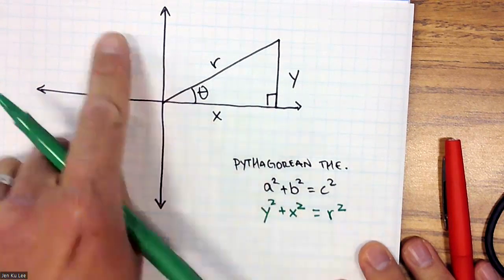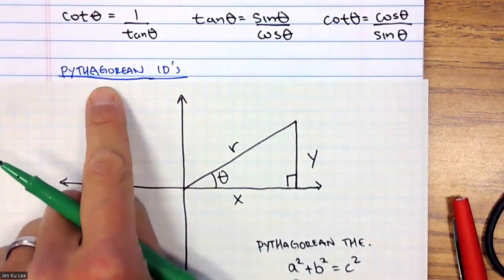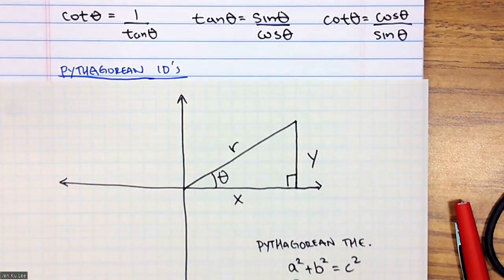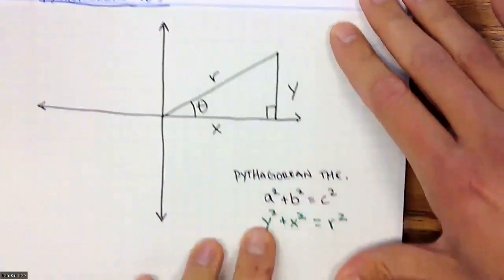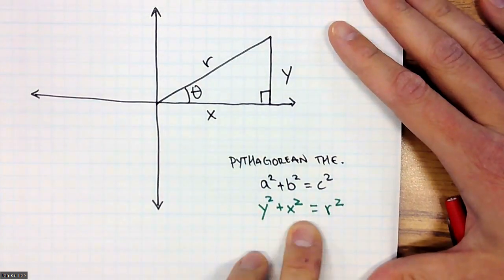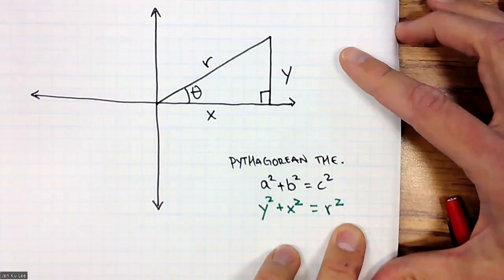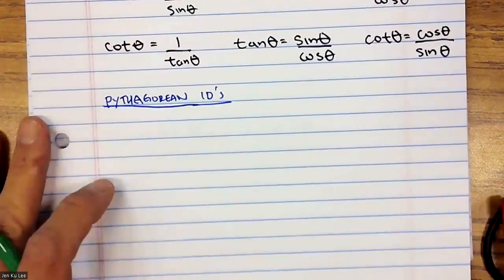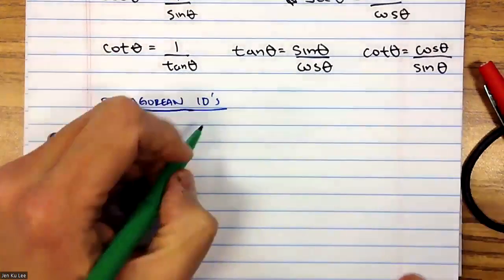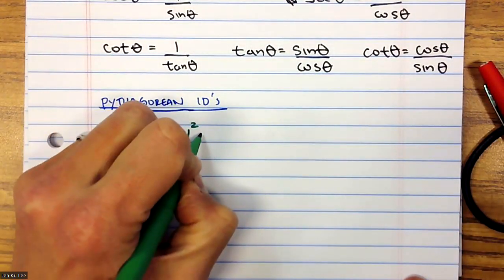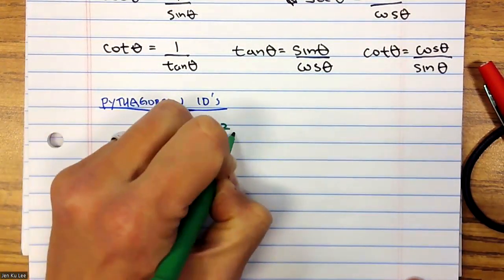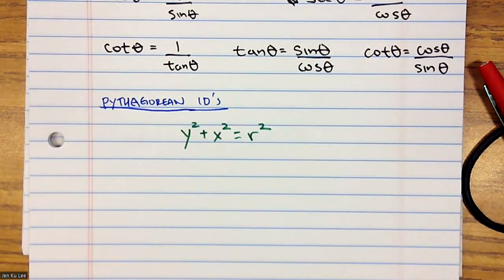Now the Pythagorean identities are based off of y squared plus x squared equals r squared. There are 3 of them.